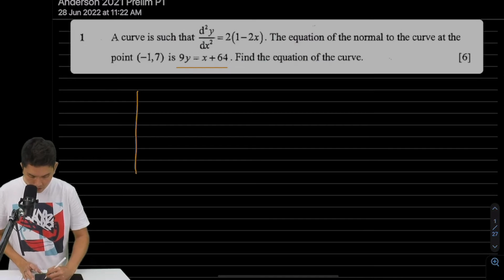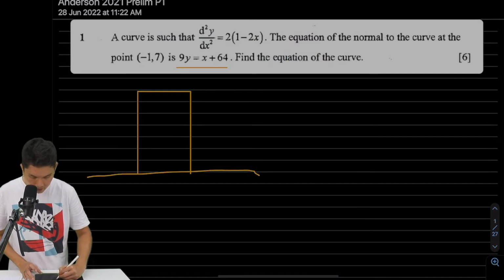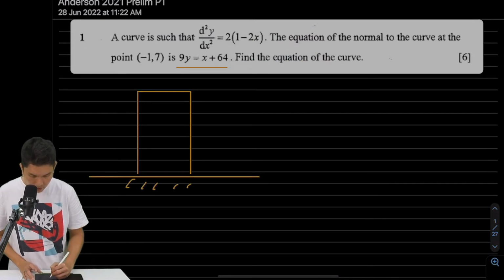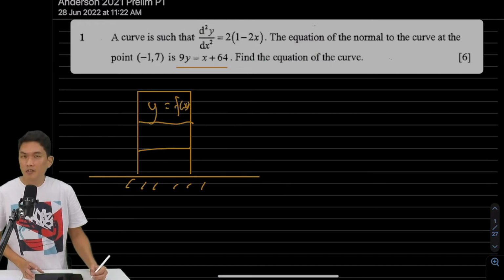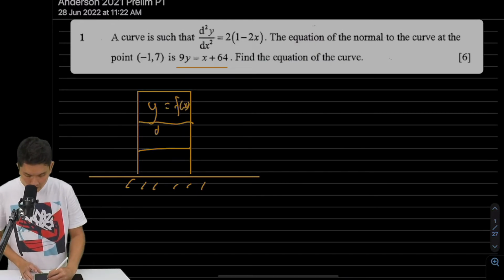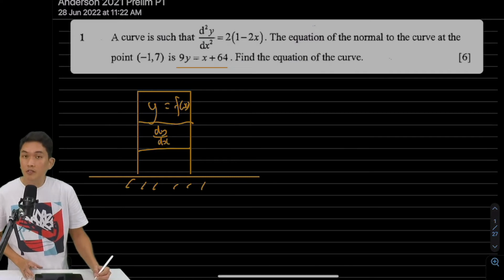So conceptually, you need to kind of know this in your head. If you have a building, I'm going to imagine the building. So this is the ground. This building has 3 floors. You can think of it as, the equation of your curve is y equals some function in x, right? And then the first derivative, if you differentiate once, it's 1 level down, it's dy dx.